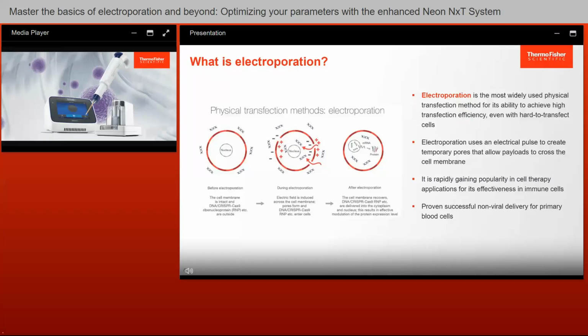Second, when an electric field is applied to the cells, it induces a transient destabilization of the cell membrane, creating temporary pores in the phospholipid bilayer of the membrane to allow the entry of genetic material. Following the application of the electric field, the cell membrane undergoes a process of resealing. The temporary pores created during electroporation close as the membrane recovers its integrity. Understanding these 3 stages is vital for optimizing electroporation protocols.